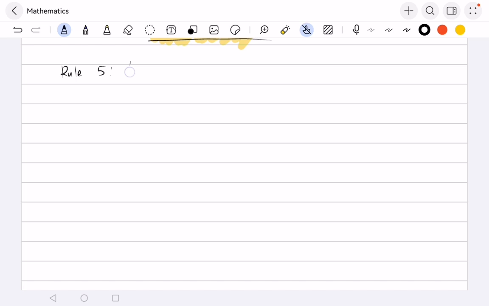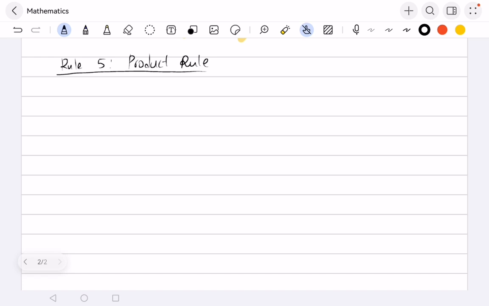Rule number 5 is the product rule. This is when you are differentiating the product of two functions. When you have two functions and you want to differentiate these two functions that multiply each other.